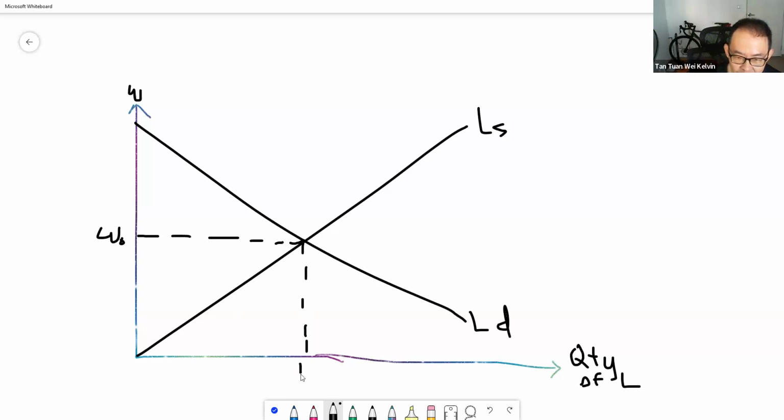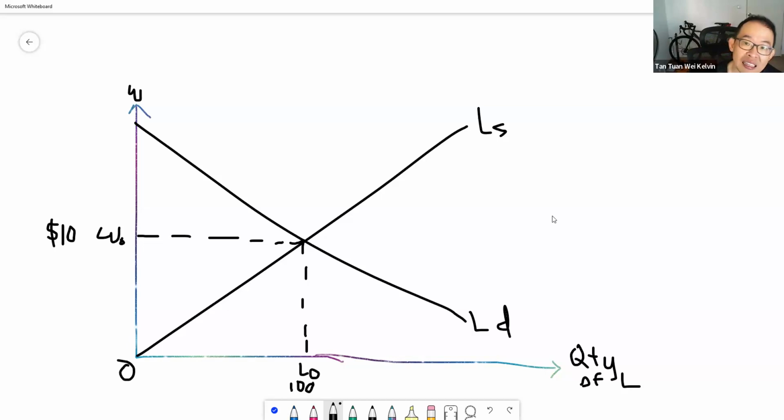Without the minimum wage, when there is the free market, the wage expenditure of the firm is basically this rectangle, W naught times L naught. Let's say the wage is maybe $10 per hour, and 100 workers are hired.